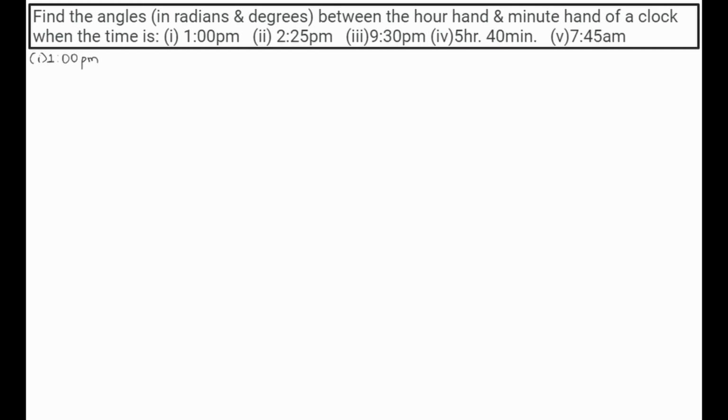Let us write down the given data. So here they have given to find the angles between the hour hand and minute hand of a clock. So therefore we can write down that a clock is 360 degrees. That is, it is circular. Let us mark down 1 p.m. in our clock.